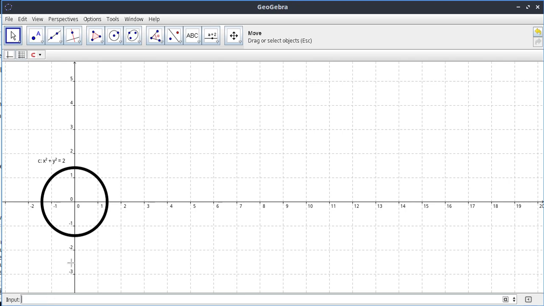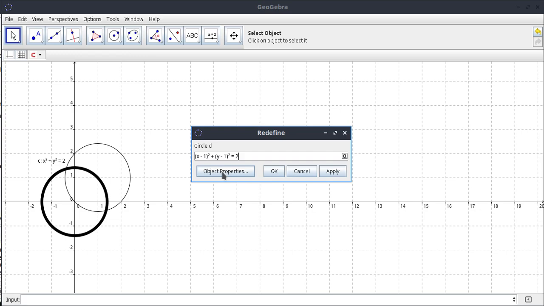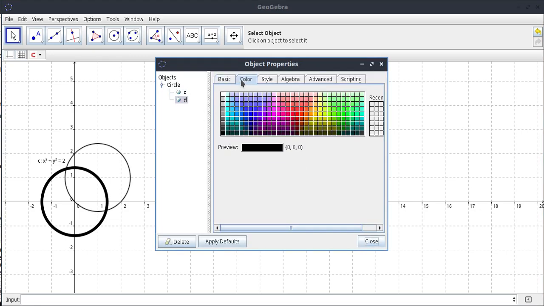Now suppose we have x minus, say 1, close bracket, to the power of 2, plus y minus 1, close bracket, to the power of 2, equals 2. This is yet another circle.